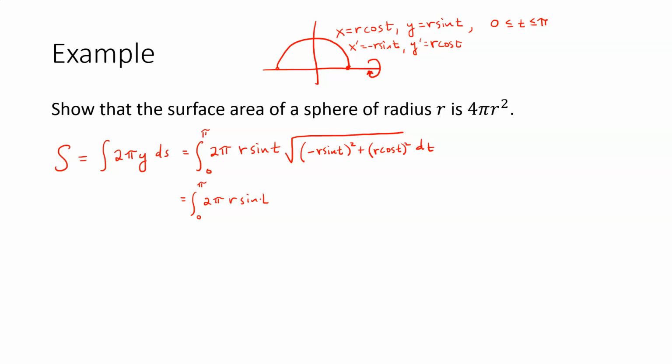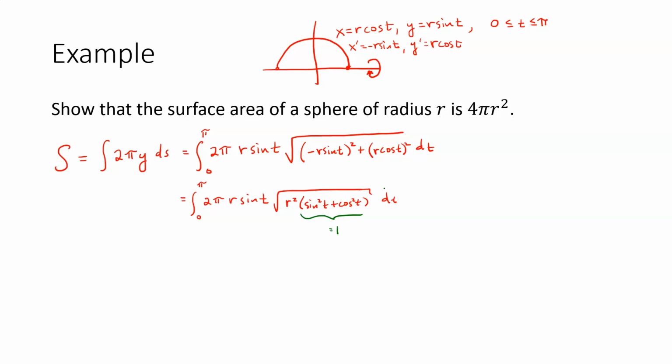Okay, so then this, of course, simplifies. We've got r squared times sine squared t plus cosine squared t. And then, of course, this just becomes 1.